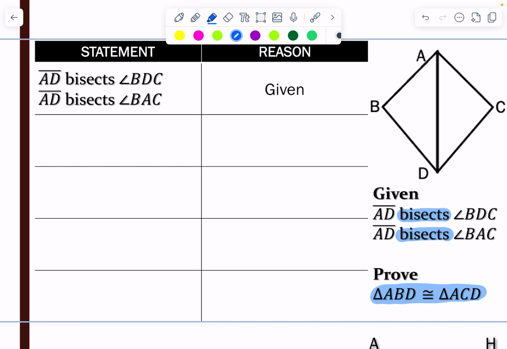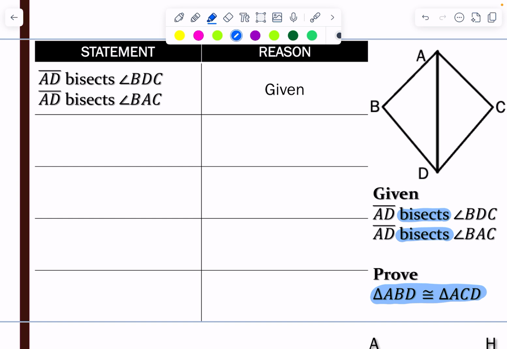So what does an angle bisector give us? Okay, so when you think about it, an angle bisector cuts an angle in half. So it looks at those two, and it says that those two angles would have to be congruent.